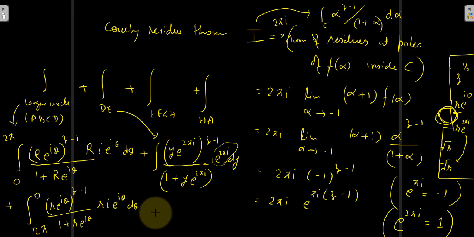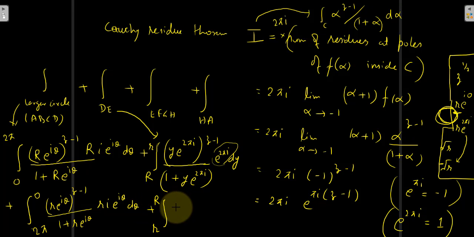Now what about this fourth one? The equation of HA, I have told you, is alpha equals y e to the power 0i. If you put it here, the limit of y in this second integral is from capital R to small r, and in this fourth part the limit of y is going to be small r to capital R. This has all been told earlier in this video.